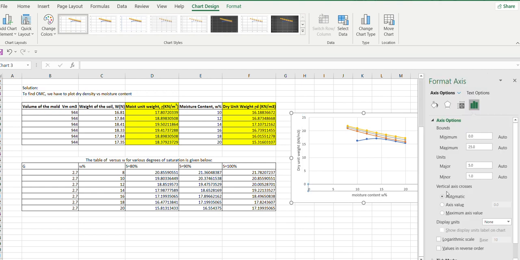More options. It's in the range of 0 to 25, so let's change the range from 14 to 20. Okay, 14 to 22.